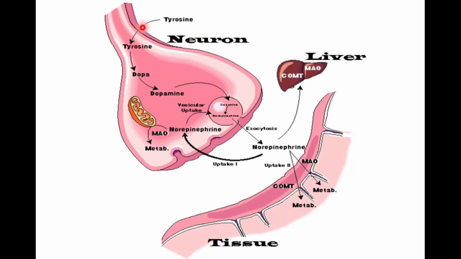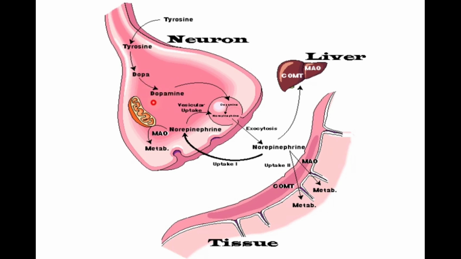Tyrosine is taken up from the bloodstream by the noradrenergic neuron. Within the neuronal cytoplasm, tyrosine is converted to DOPA, or L-DOPA, sometimes called levodopa, by the enzyme tyrosine hydroxylase.